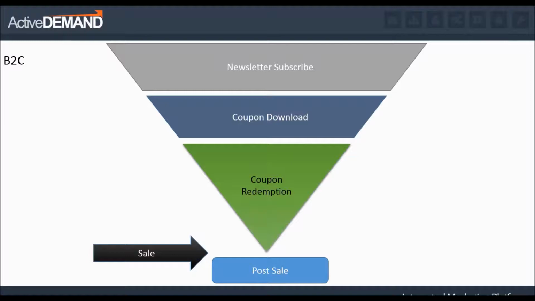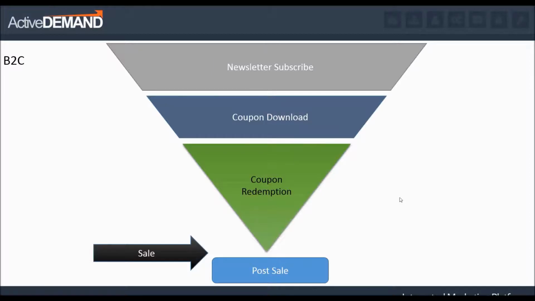Then maybe another would be that they downloaded a coupon, and then maybe they redeemed the coupon, and now they're in the evaluation stage and haven't made a purchase yet. And then finally, there's the final sale where they've actually purchased the product. And of course, we have to understand that there is a post-sale aspect to the conversations as well.